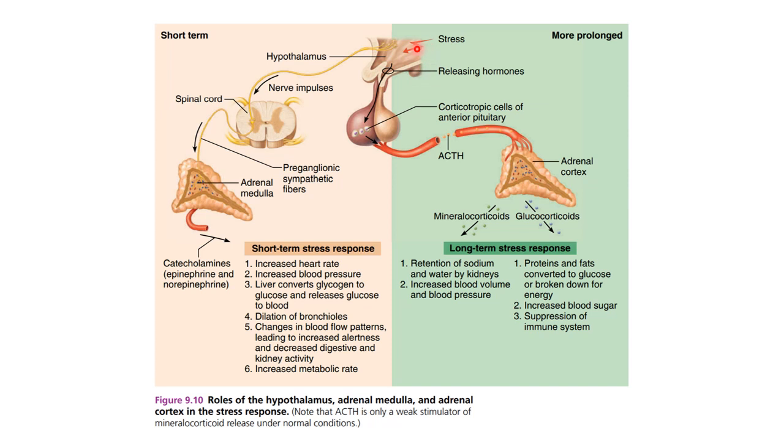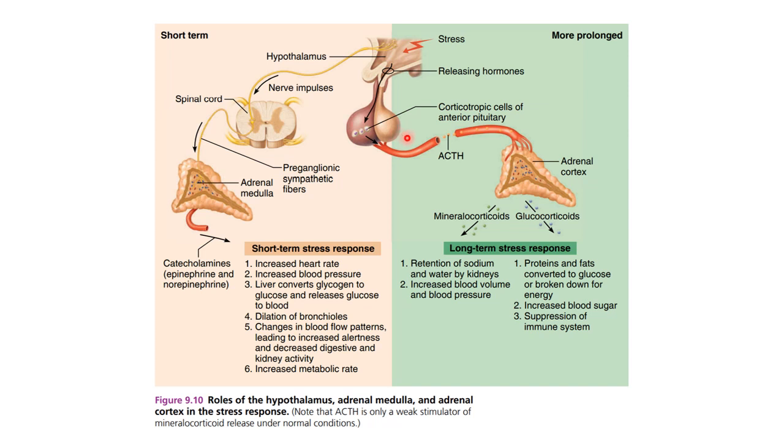In response to stress, the anterior pituitary gland, so this is a chronic regulation of the release of cortisol. The hypothalamus releases corticotropin releasing hormone, which stimulates the anterior pituitary gland into releasing corticotropin.